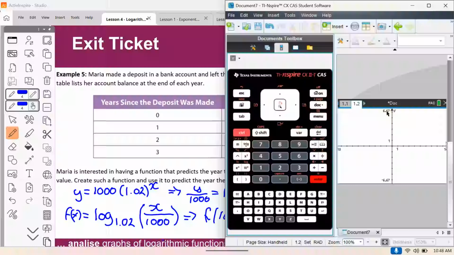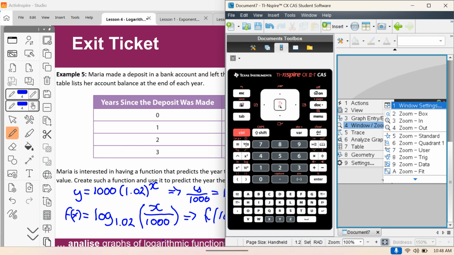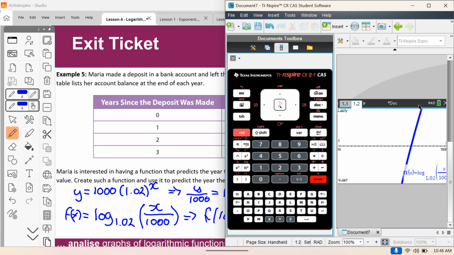We want to graphically show this. This here is going to go through over here. Let me just do menu, window settings. Our x value needs to go over 1,000, so I'll put 1,500. We can see it going through over here.